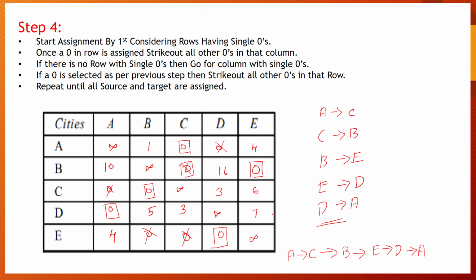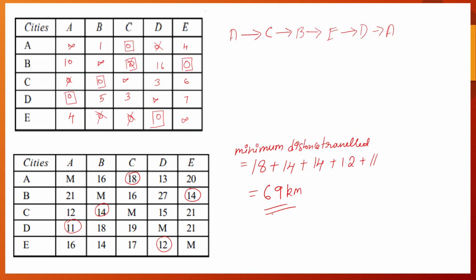From B he can go to C or D. Since C is already covered, cross it out, goes to E. From E he can go to B, C, D. B and C are already covered, so he will go for D, and from D he will go to A. So we got the path as A to C, C to B, B to E, E to D, and D to A. In the next step we find the minimum distance traveled.